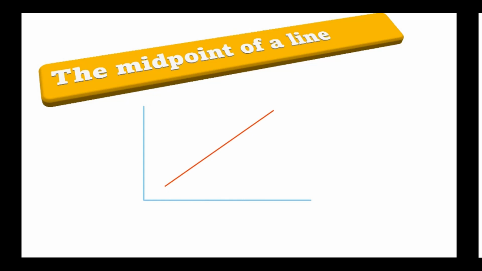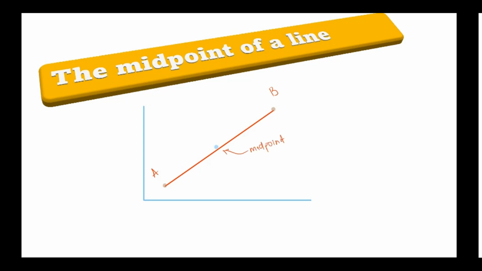So let's say you've got point A here, and you've got point B here. The midpoint is the point that is halfway between these 2 points. So it is that point there. If I have my point A here and my point B there, this is going to be my midpoint.